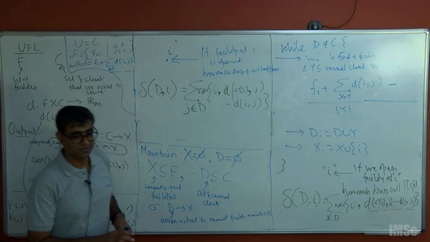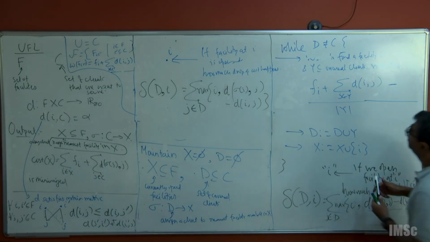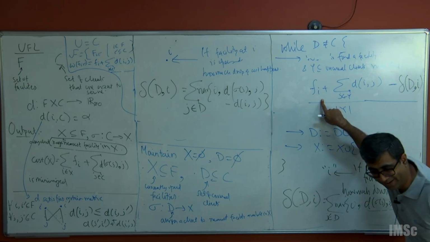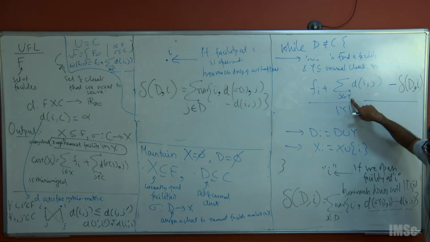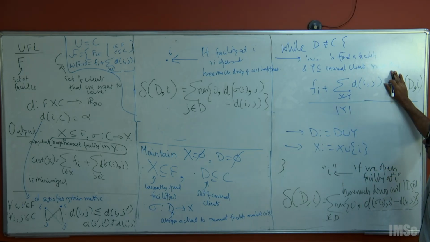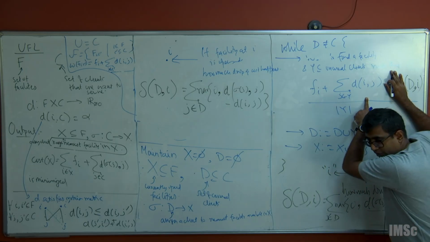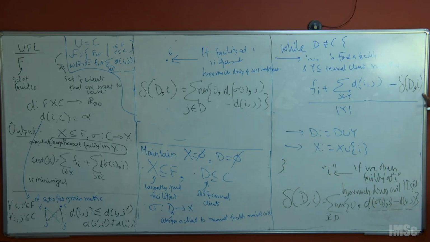So my new greedy heuristic should be about, at any point of time, if I decide to pick this facility, which all people's realignment will happen. So this is delta of D comma I. If I choose a new facility and I decide to pick y number of covered elements, then I will pay the opening cost of the new facility, but I have to subtract the realignment cost, right?